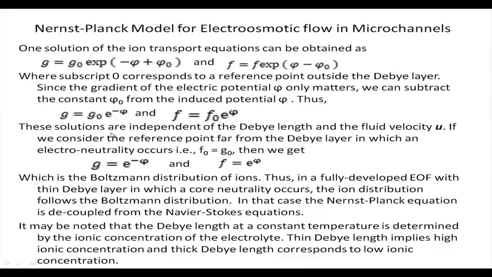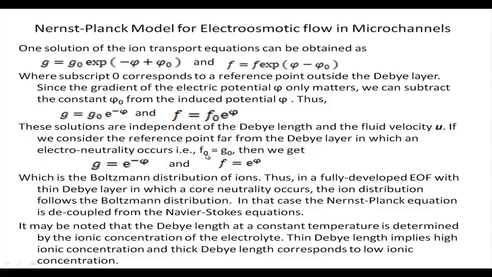Now I can choose that if we have a situation that outside the Debye layer you have electroneutrality, the reference point I choose in such a way that electroneutrality has occurred. So in that case I can have f0 equal to g0, which is basically the mole fractions.